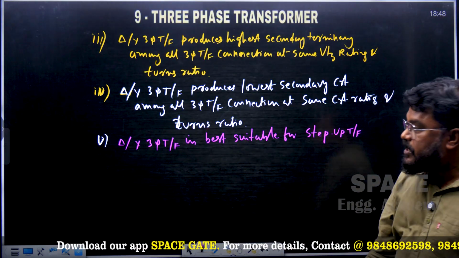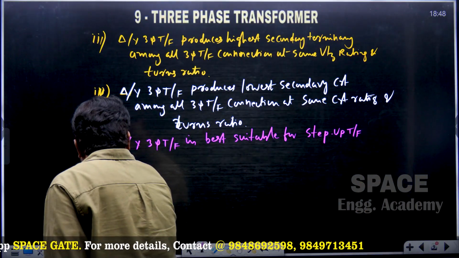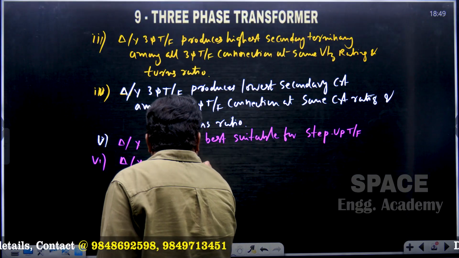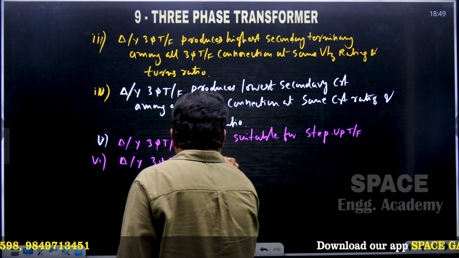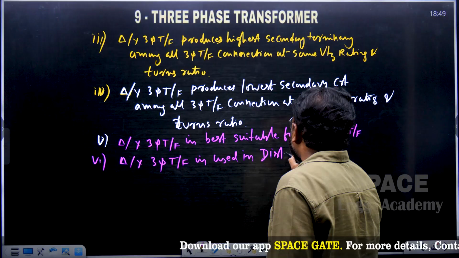Delta star 3-phase transformer is best suitable for step up transformer. And next one, delta star transformer is used in the distribution system.